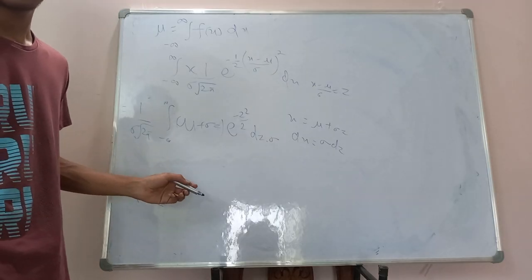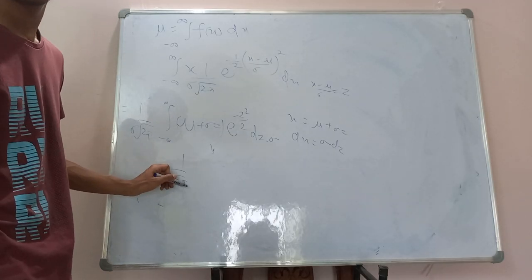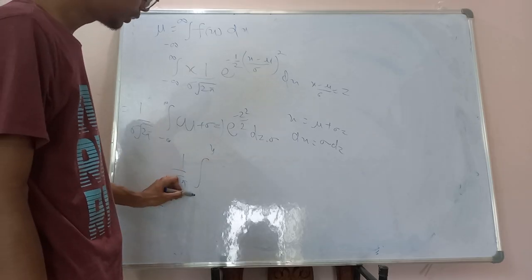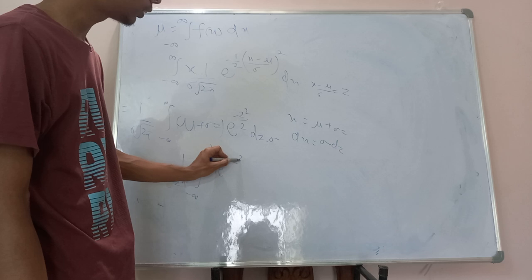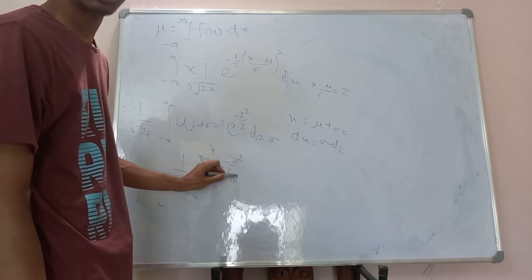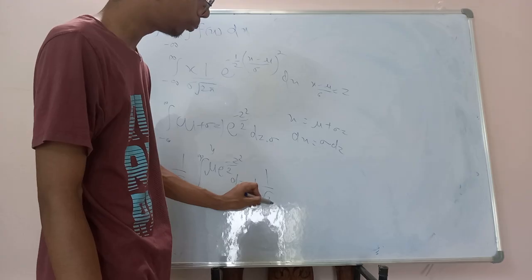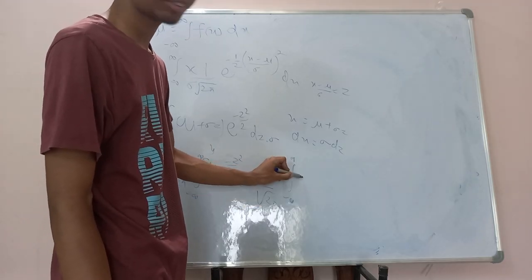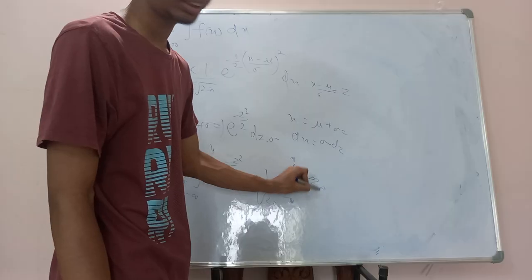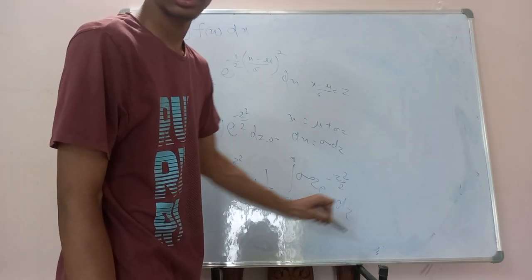And then this will be further written as 1 by root 2 pi integration minus infinite to infinite mu e to the power minus z square by 2 dz plus 1 by root 2 pi minus infinite to plus infinite sigma z e to the power minus z square by 2 into dz, right.